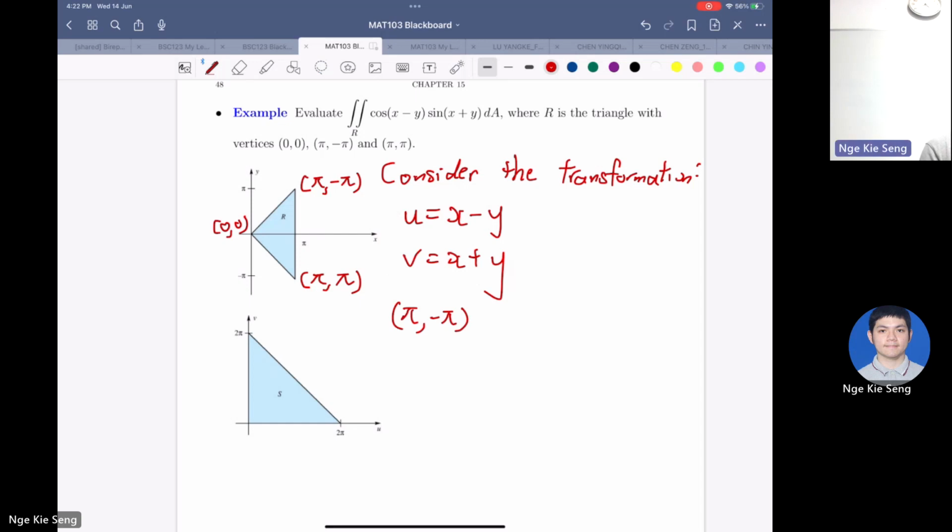Be careful a bit. The first one should be pi, right? Yeah, pi, correct.